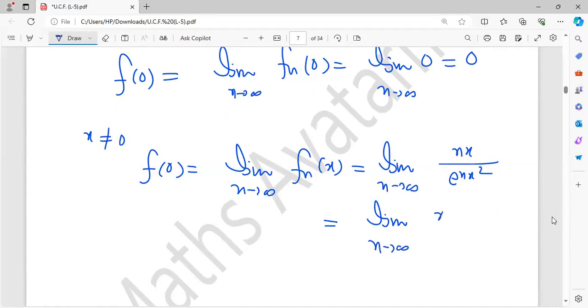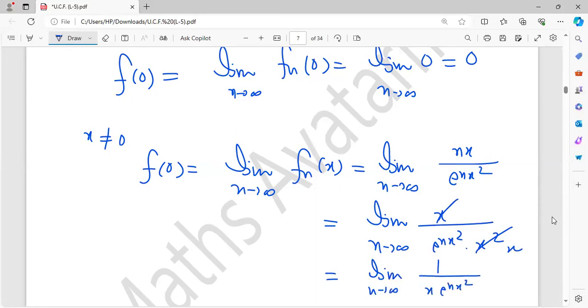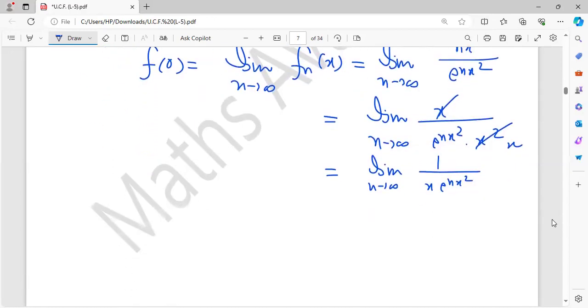So this will be x upon e to the power nx square into x square. So x will be cancelled out. Limit 1 upon x e to the power nx square. So the denominator will be infinity and it is going to be 0. So the f function is nothing but the 0 function.